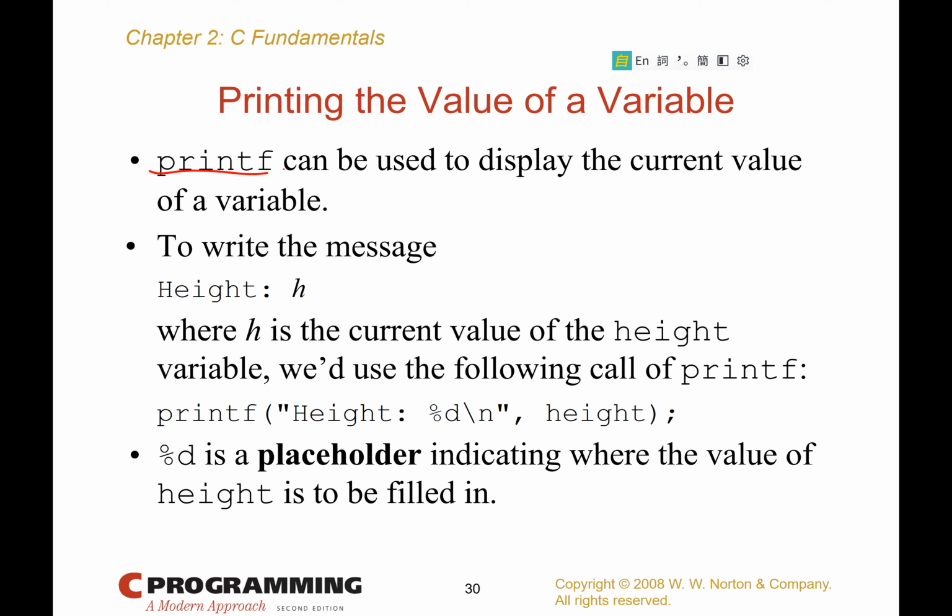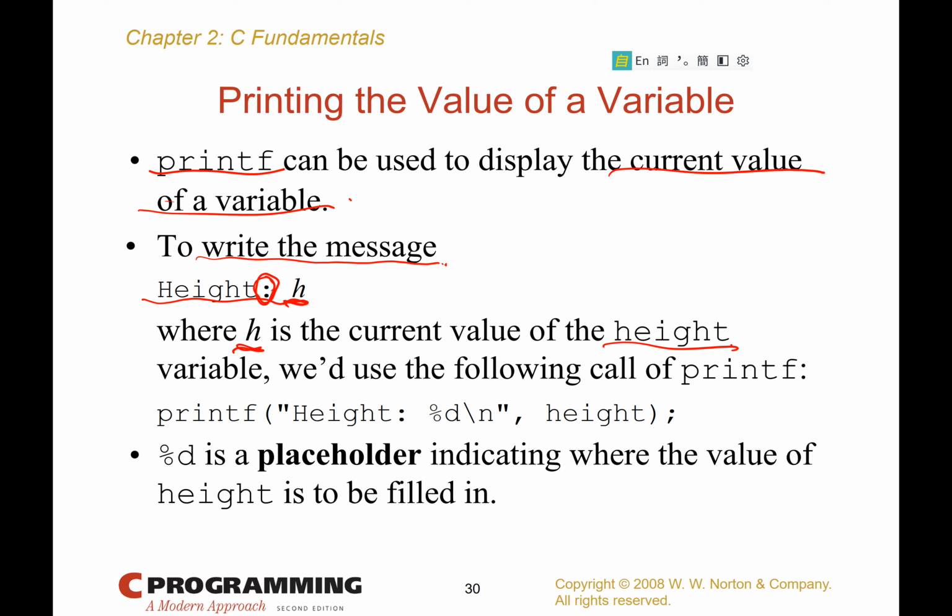Okay, and printf can print the current value of a variable. So if you want to write a message, height and a colon, what's this? Called colon, right? Okay. And H, which means the height is H. H is the current value of height.